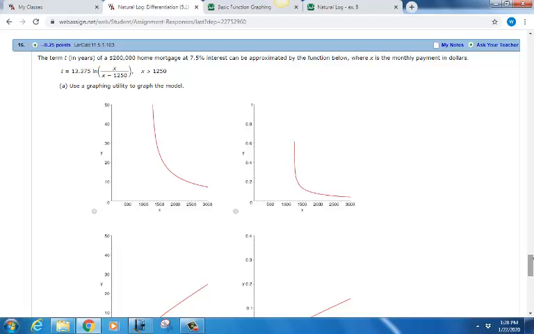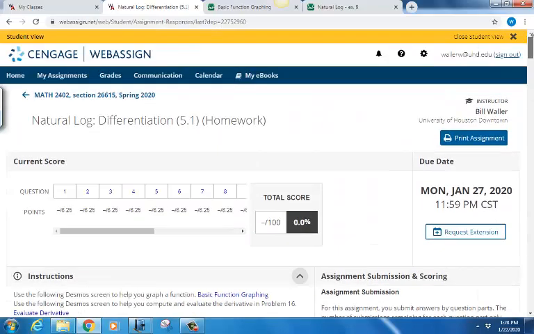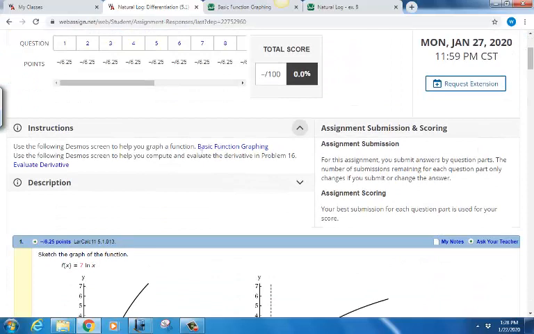However, I'm going to give you a little shortcut. I have a second Desmos screen available. This is why it's useful to read the instructions at the top, or sometimes the description, for a homework.